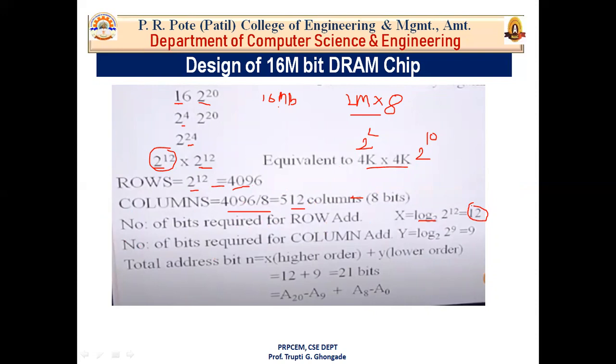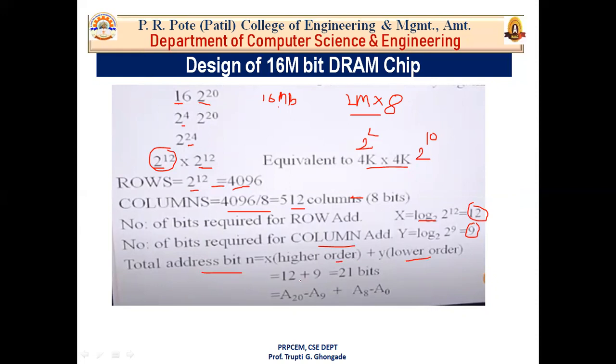Now let's see the number of bits required for the column address. So y is equal to log base 2 of 2 to the power 9. How many columns do you have? You have 512, and 512 means 2 to the power 9. So 9 bits are required to represent the column address. So the address is x of higher order plus y of lower order.